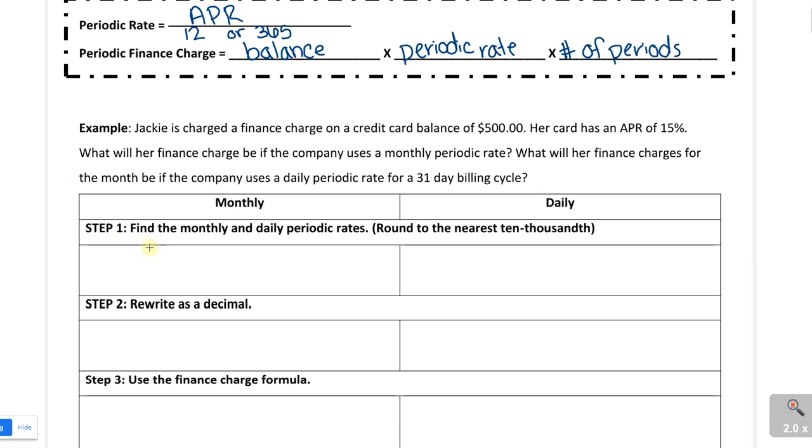First thing we're going to do is find the periodic rate. So you're going to take the APR. Our APR is 15%. And we are going to divide it by 12 for monthly. So we take 15 and divide it by 12, and we get 1.25%.